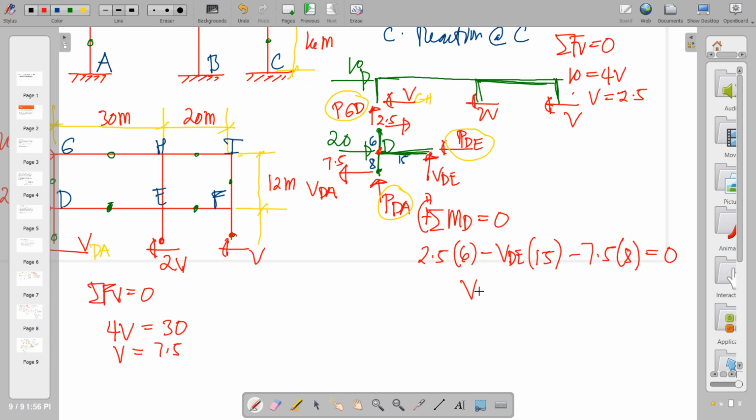So shear on DE is equal to, by the way, this is plus, so we have 5 kilonewton, so positive. Okay, so this is the first known shear at DE.